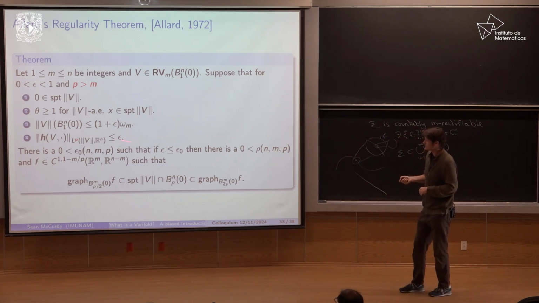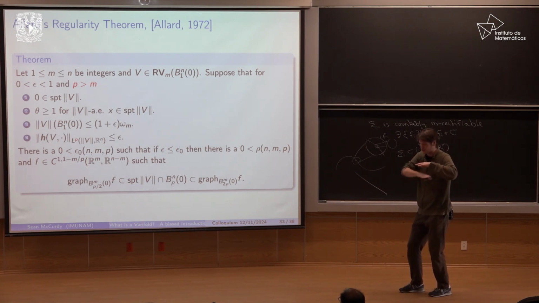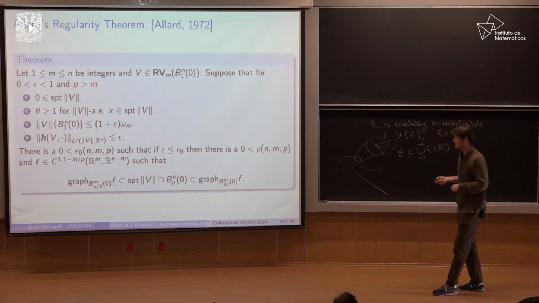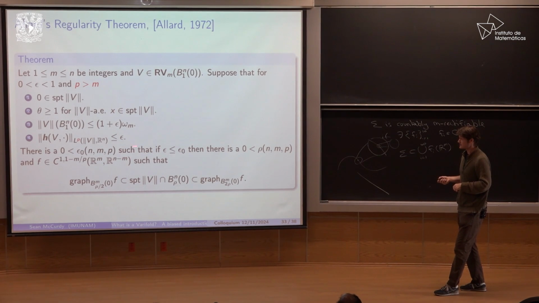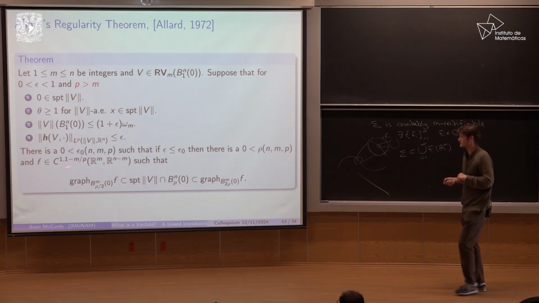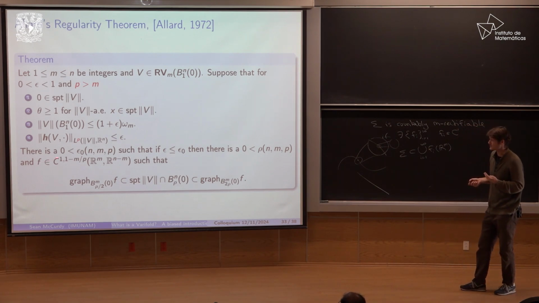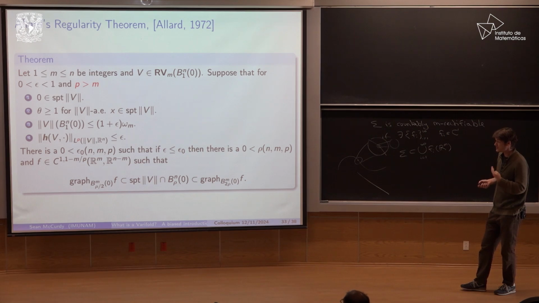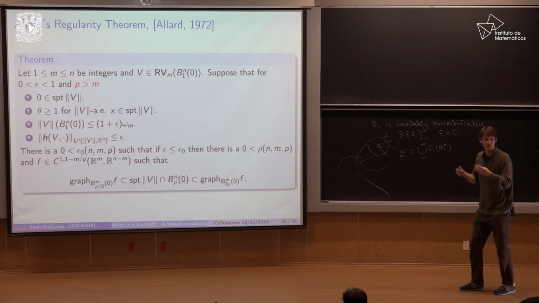And we have some assumptions which tell us that in some sense the varifold is very close to a single disk, right? Then, in fact, as long as this epsilon is small enough, as long as we have not too much mean curvature, then there's some function which is in a Holder space, like C^{1,alpha}, such that the support is, locally, the image of this C^{1,alpha} map.